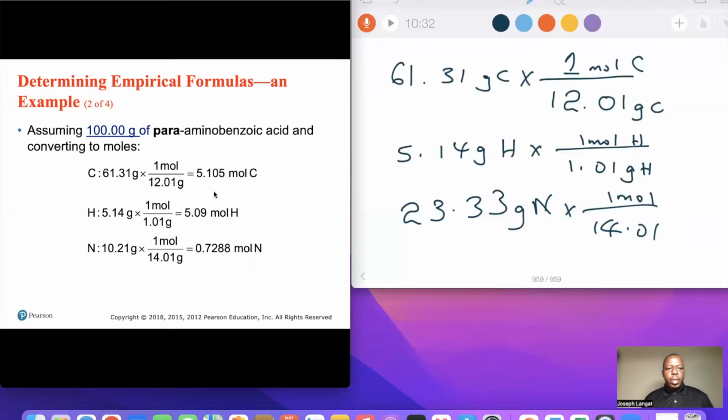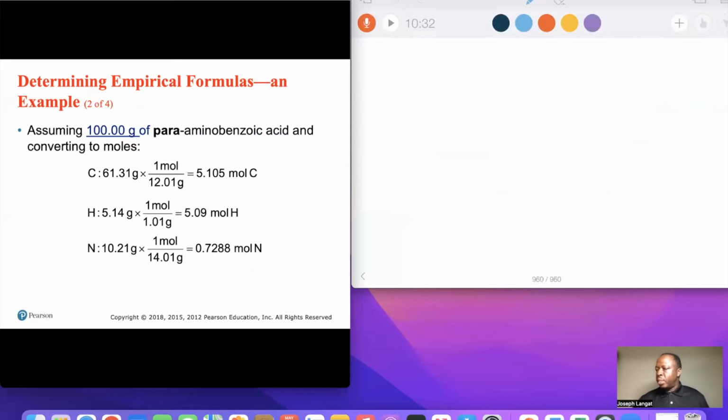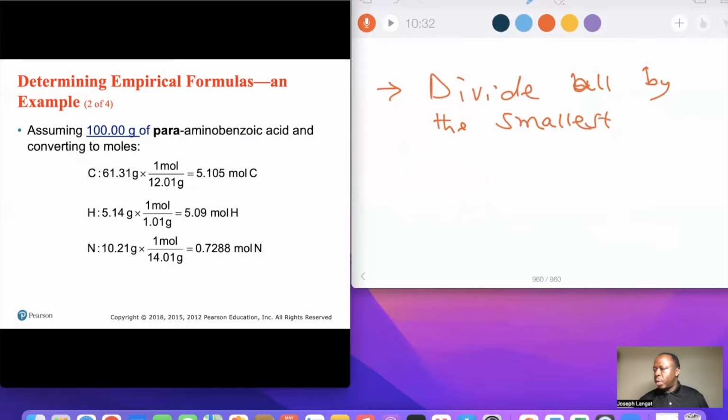So if you look at the number of moles here, 5.105, 5.09, and 0.77. Once you get here, it's important to divide all by the smallest number of moles.